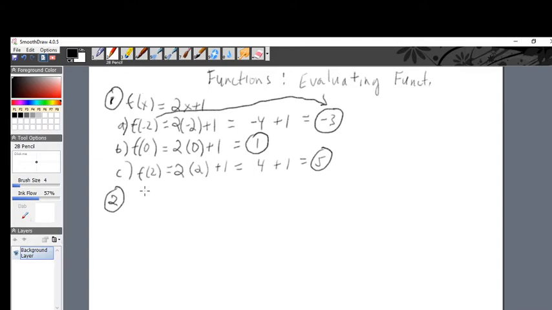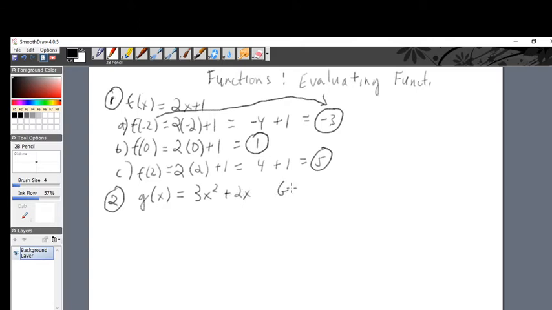And now it gets a little bit more complicated. What if we have a case of g of x, here's the given, is equal to 3x squared plus 2x.